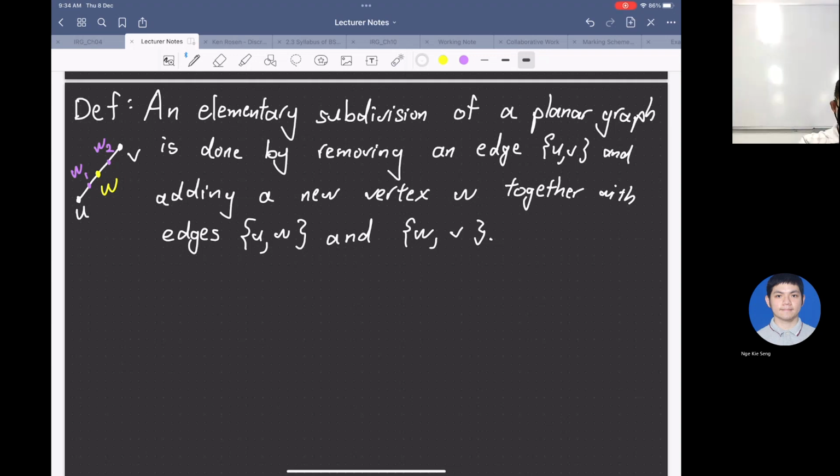Okay, so next, we will say that two graphs are homeomorphic. Sorry, not isomorphic, we already said that before.